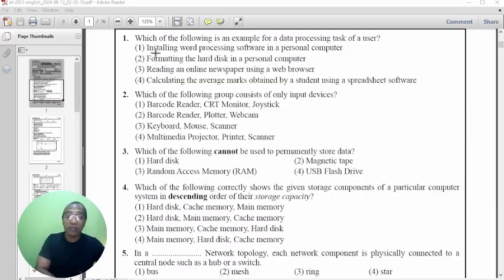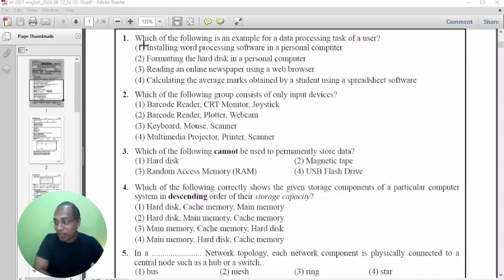Okay, so looking at question number one, let's see how fast we can get these answers. Okay. So remember, when you keep doing more and more past papers, I can guarantee you'll be able to do some of these questions in less than 10 seconds. That's how repeating they are.